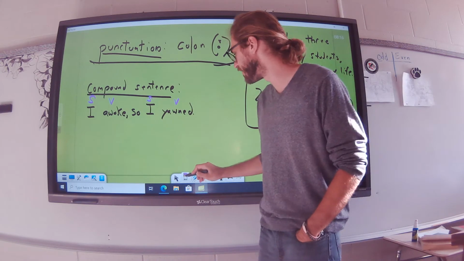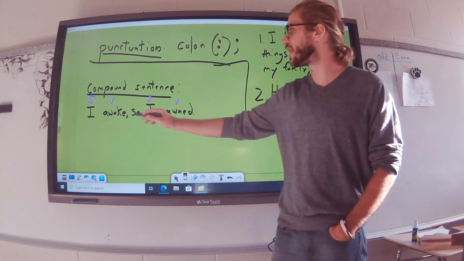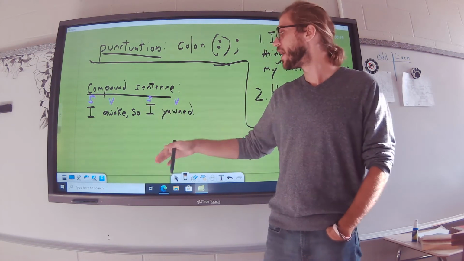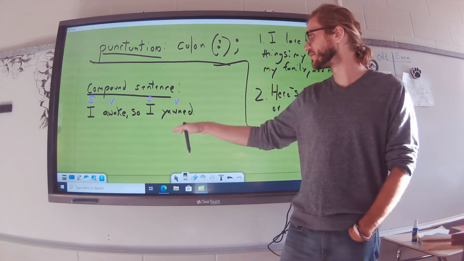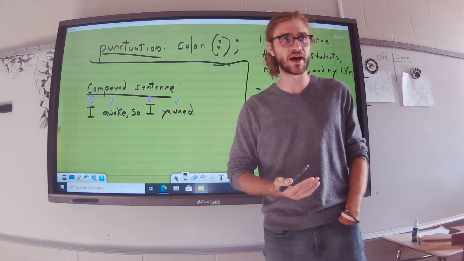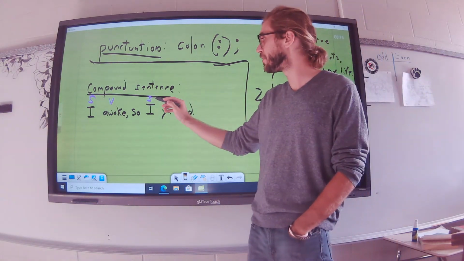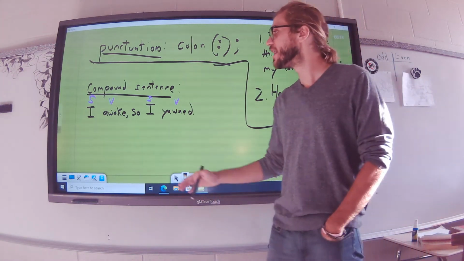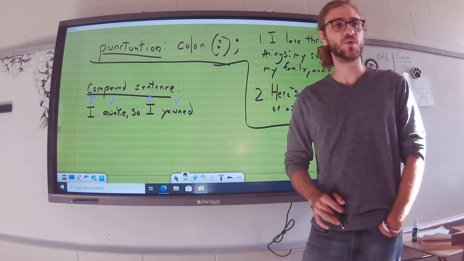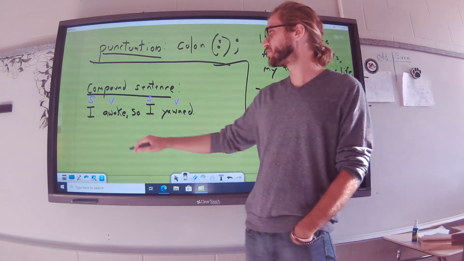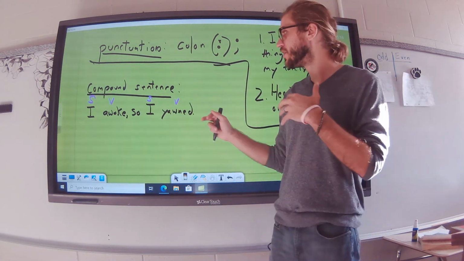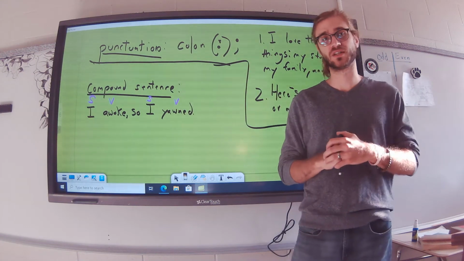Well, anyway, we have two independent clauses. I awoke, comma, coordinating conjunction, so, and then another independent clause, I yawned. This is a compound sentence. Just by itself, if we were to just look at I yawned, we'd have a simple sentence. If we just look at I awoke, we would have a simple sentence. But because we have these two together, connected with a comma and a coordinating conjunction, we now have a compound sentence.